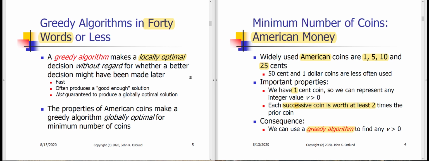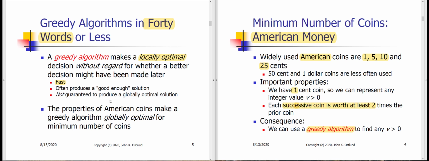And we simply don't worry about whether we might at some point in the future have made a better choice. We're going to just make what appears to be the locally best choice, and we're going to keep moving on. The big advantage of a greedy algorithm as opposed to a recursive algorithm or a dynamic programming algorithm is that it's extremely fast.